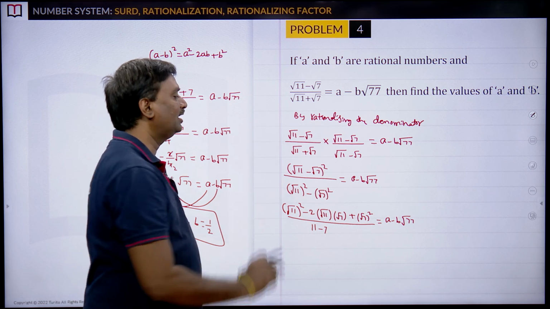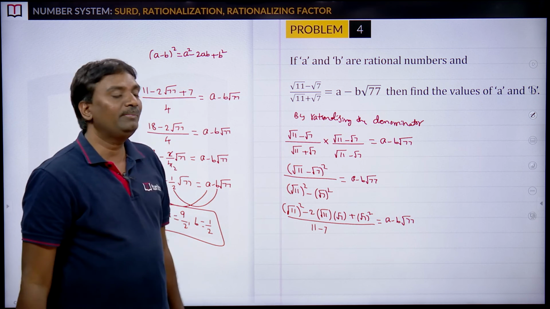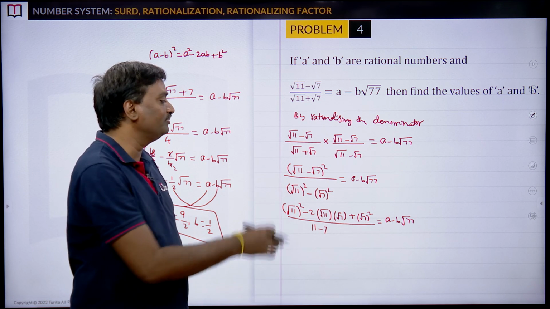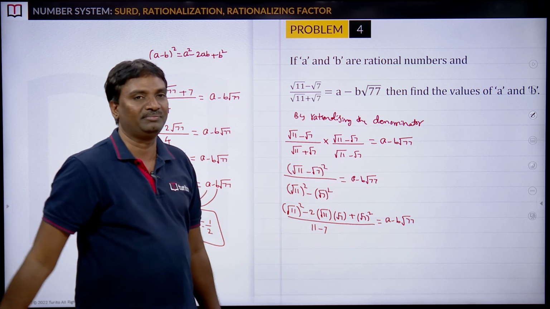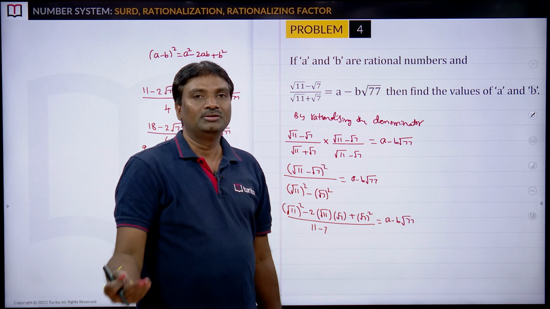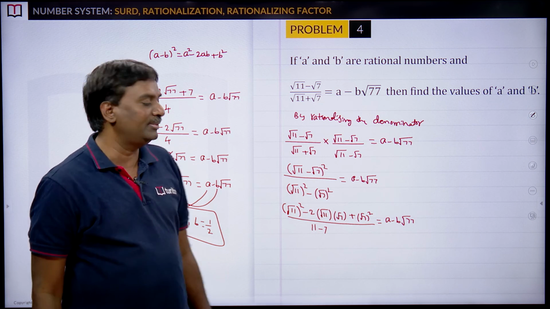So you will get numerator root 11 minus root 7 whole square, denominator root 11 plus root 7 into root 11 minus root 7, which is in the form a plus b into a minus b, a square minus b square, equal to a minus b root 77. The numerator is in the form of a minus b whole square, so expand the identity: a square minus 2ab plus b square.